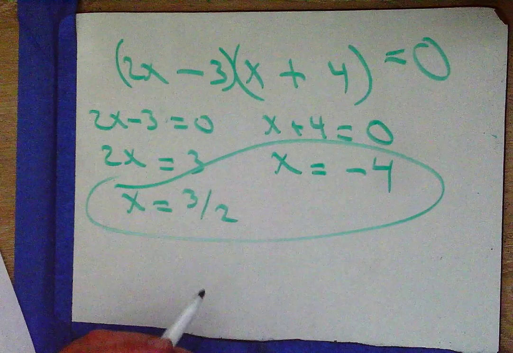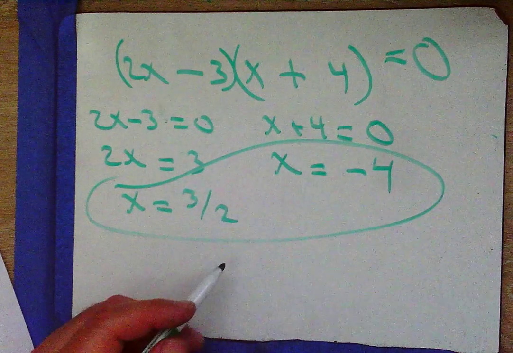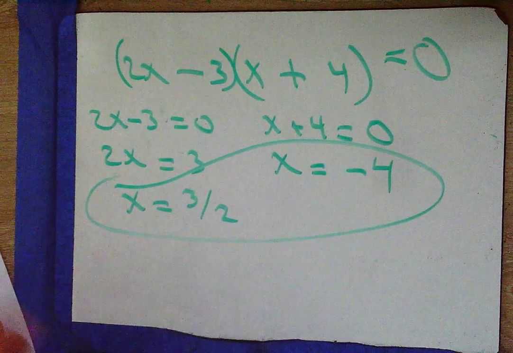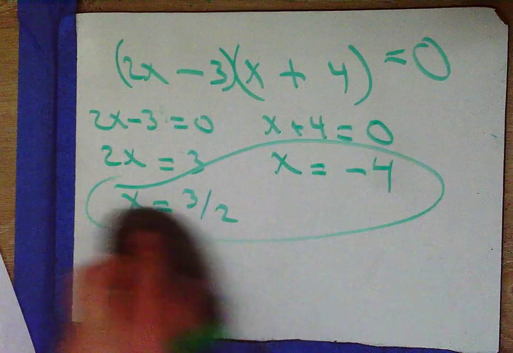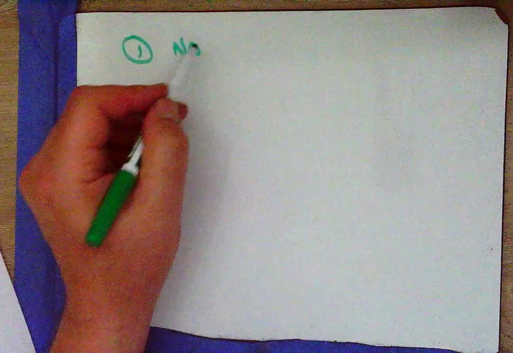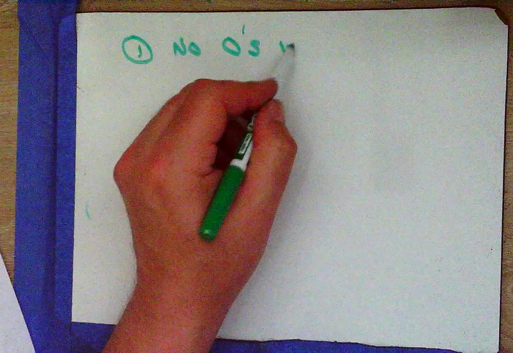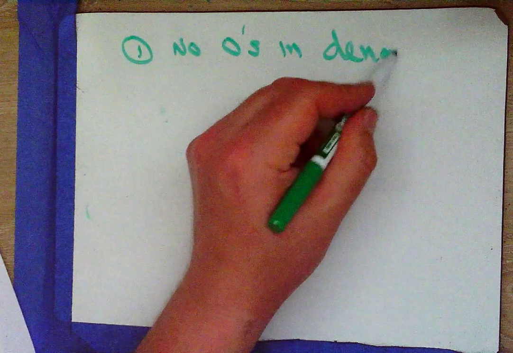Is this one of our must checks? No. Polynomials are always ought to check. I ought to check that. They're not must checks. We do have 3 must checks. Remember, first one, no zeros in the denominator.